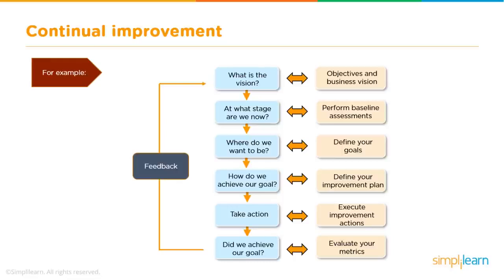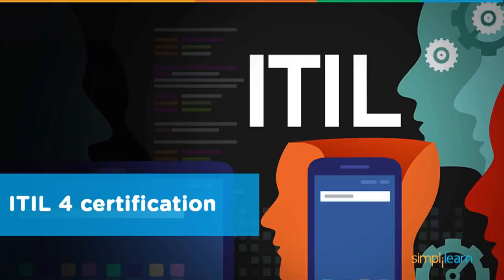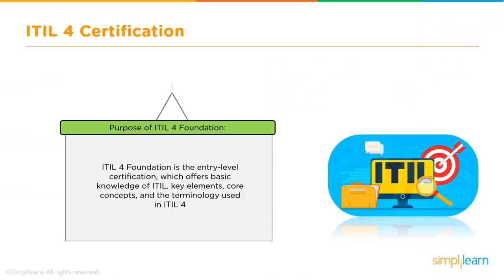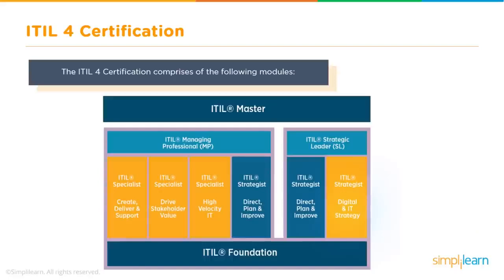Okay, so next we will look at understanding the various certification levels defined in ITIL 4. So now ITIL 4 foundation certification is an entry level certification which offers basic knowledge of ITIL key elements, core concepts and terminologies used in ITIL 4. The various levels of certifications as defined in the ITIL 4 certification scheme: ITIL foundation is the basic level of certification.